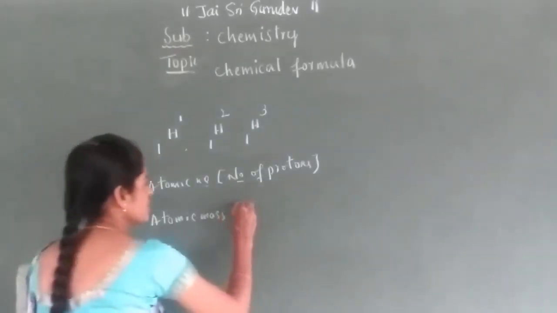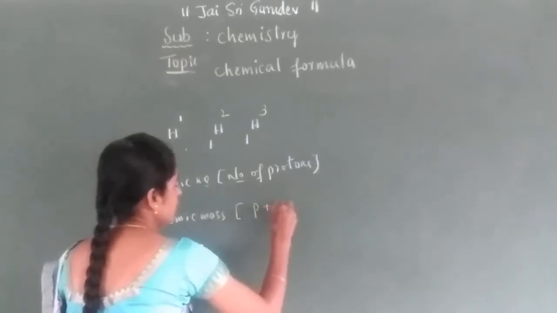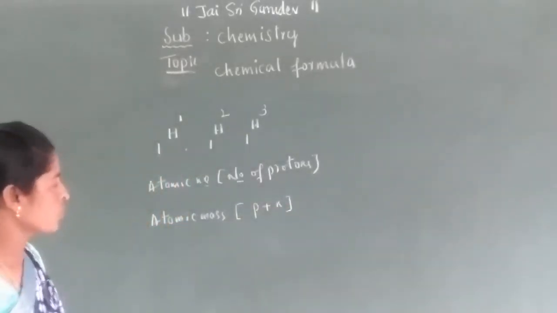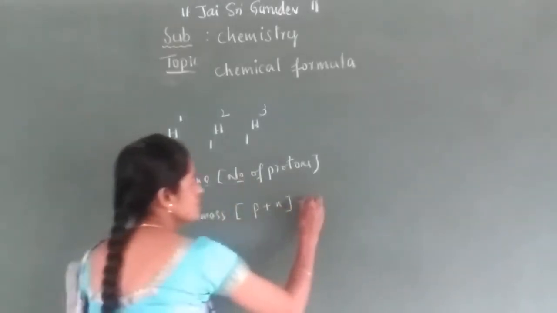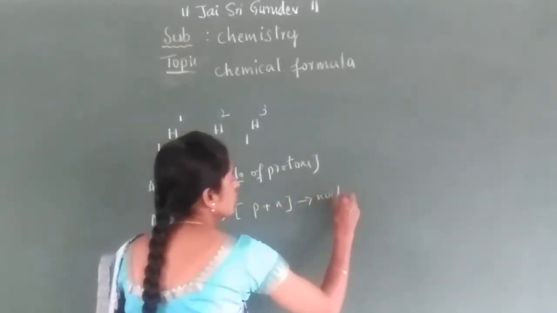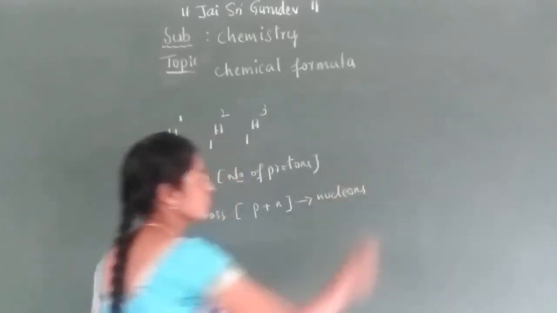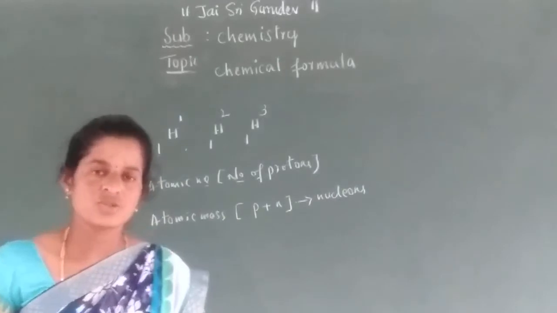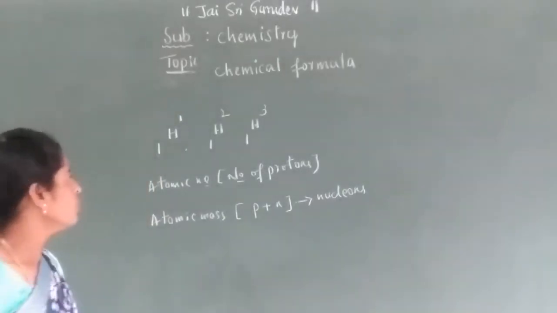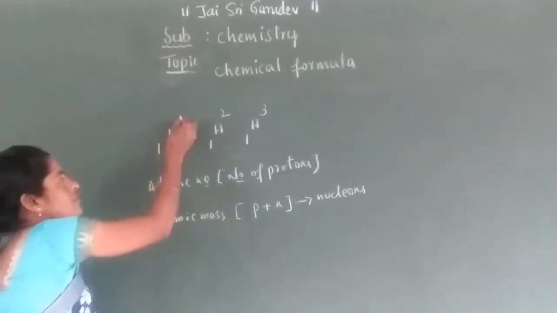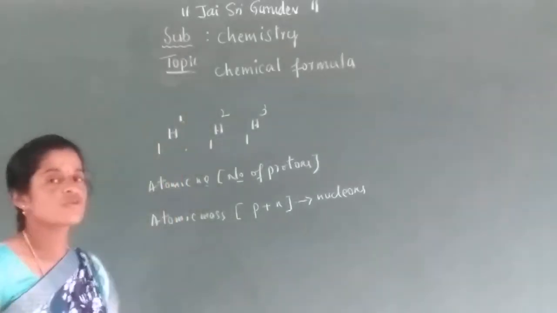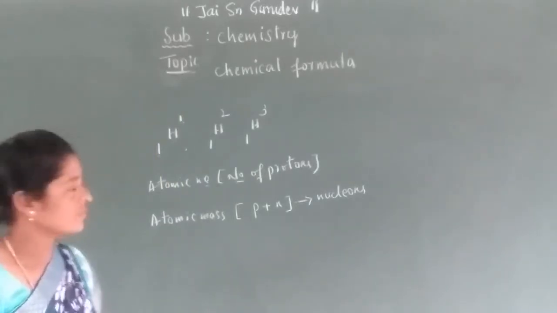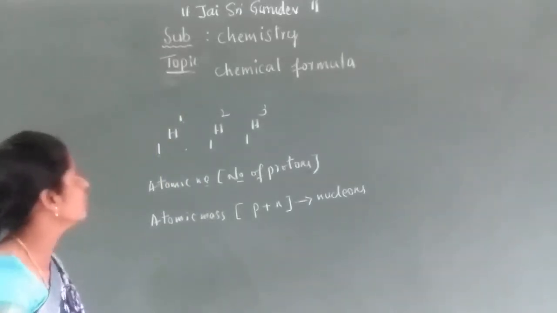Atomic mass is the number of protons and also the number of neutrons, otherwise called nucleons. The number of nucleons represents the atomic mass of a given element or atom. So this is the atomic number and this is the atomic mass, which indicates the number of protons and also the number of neutrons.